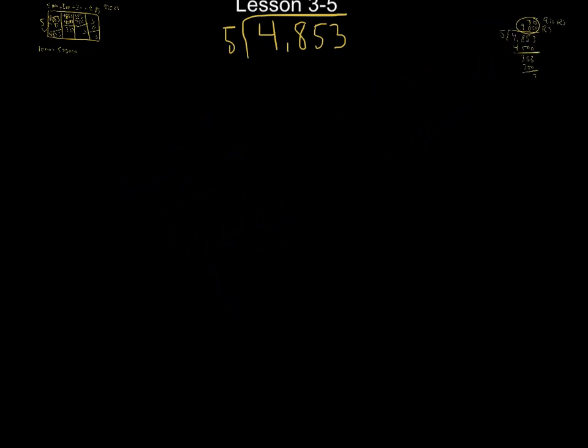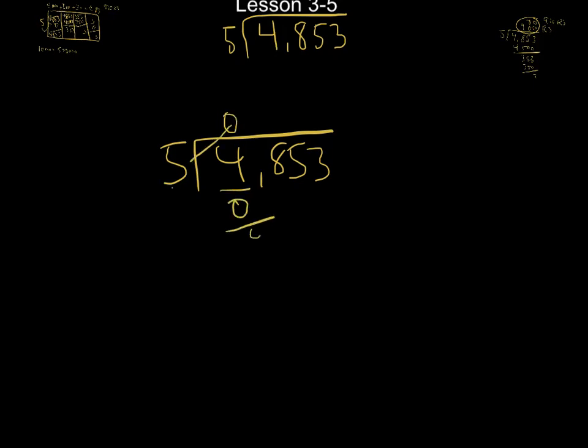I'm going to do the digit by digit, or the way I used to do it when I was little. And it would go 5 can go into 4,853. I first look, and can 5 go into the 4? It can't. So I do a 0. 0 times 5 is 0. Subtract to get 4. Then my 8 falls down. 5 can go into 48 9 times, to give me 45.